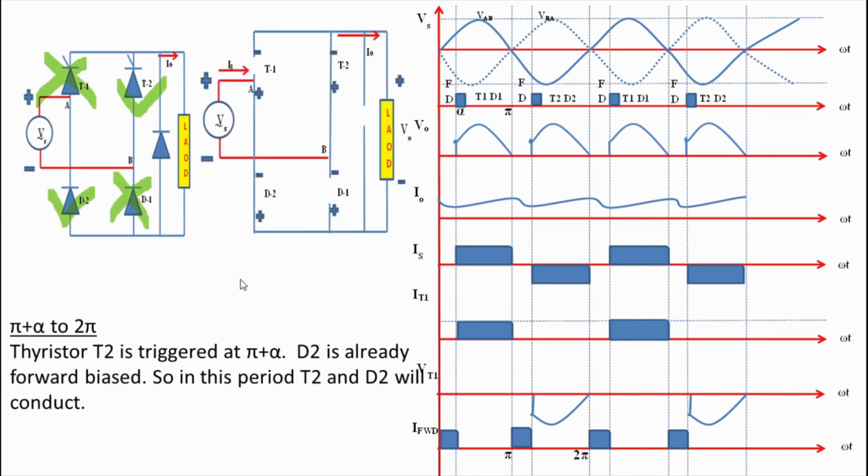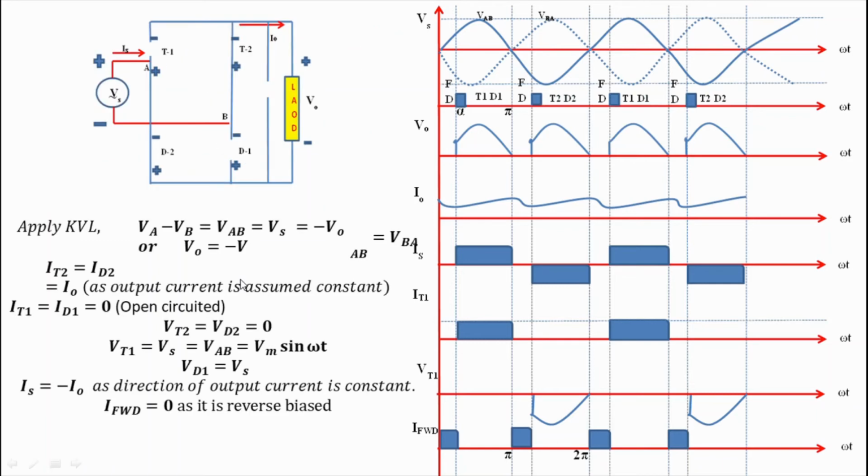Also current will now start flowing through T2 and D2. So IT2 equals ID2 and that is equal to I0, while T1 and D1 are reverse biased, so they will act as open circuit. So IT1 equals ID1 equals 0 and the circuit will look like this. Here current will flow in the loop Vs, T2, load and D2.